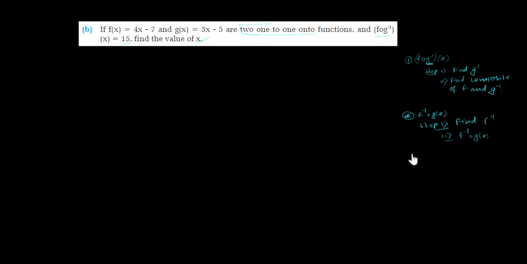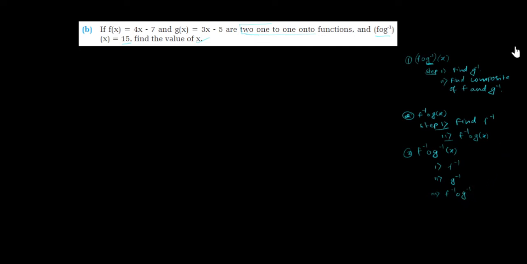And then number 3, there may be another type of question in which you need to find the composite of f inverse and g inverse both. So at first, find f inverse, in step number 2 find g inverse, and then in step number 3 find the composite of f inverse and g inverse.